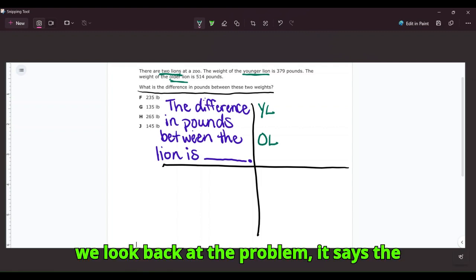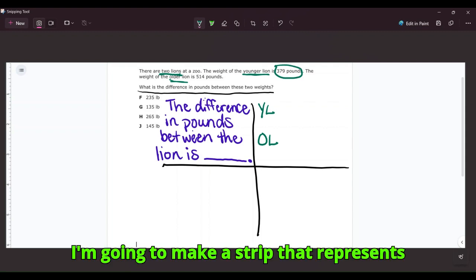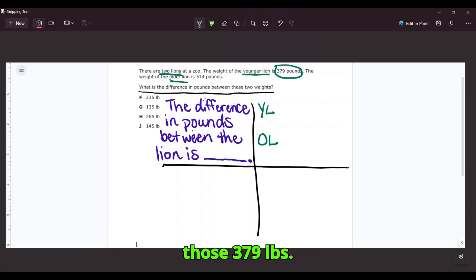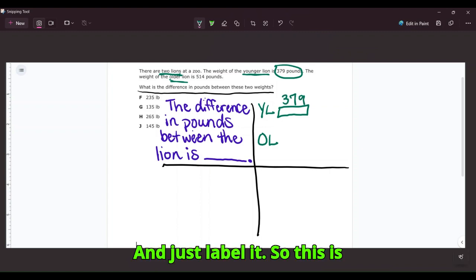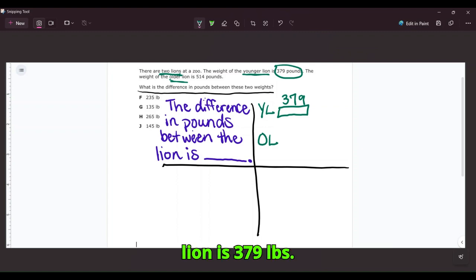If we look back at the problem, it says the younger lion is 379 pounds. I'm going to make a strip that represents those 379 pounds. And just label it. So this is my way of showing that the younger lion is 379 pounds.